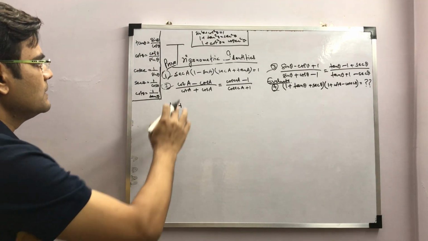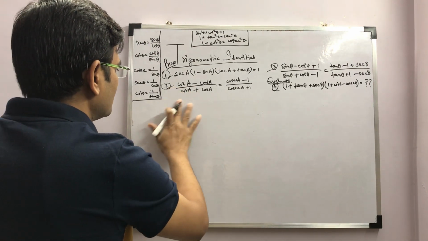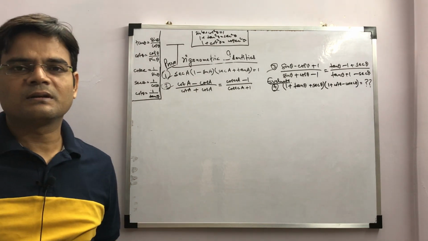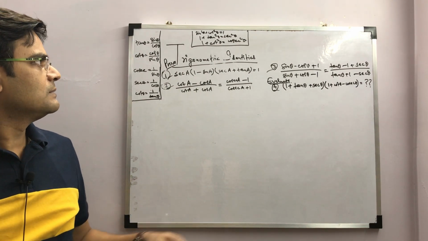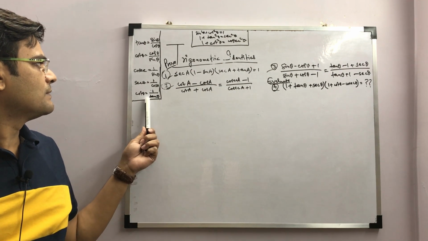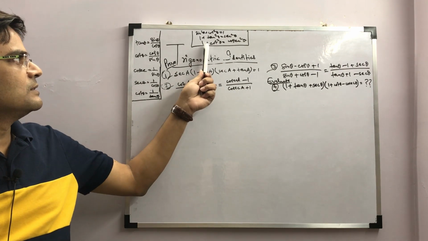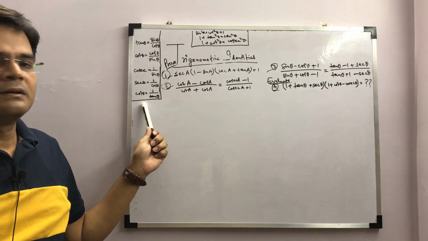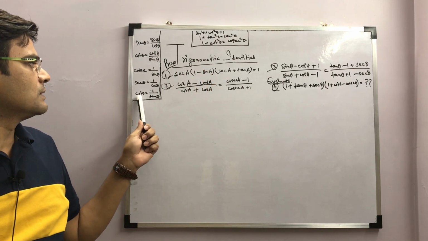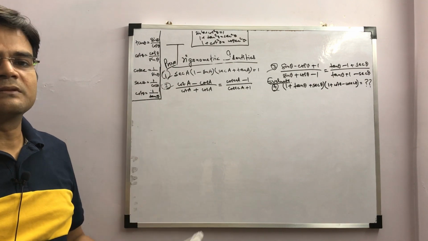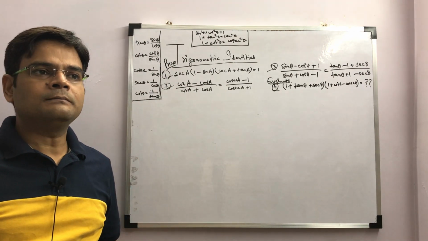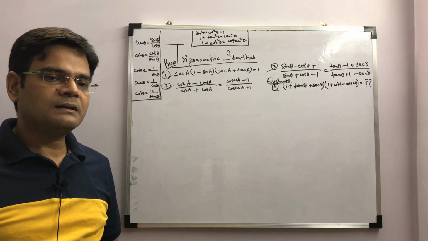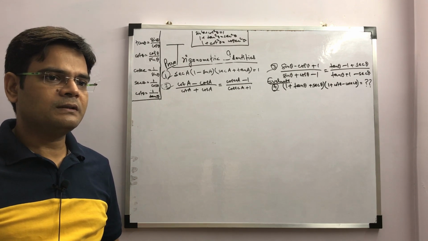Before proceeding, I would like you to understand that you have 5 formulas and these 3 identities as inputs. These are also identities, these are expressions. Cot is the inverse of tan, sec is the inverse of cos, but basically everything can be broken down.